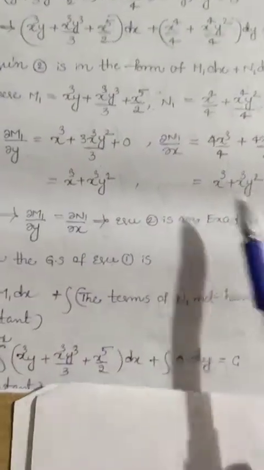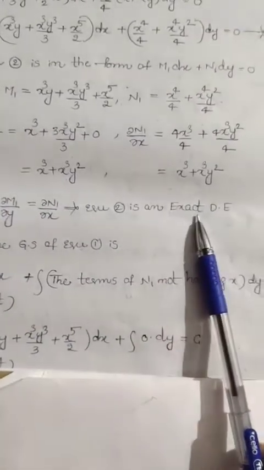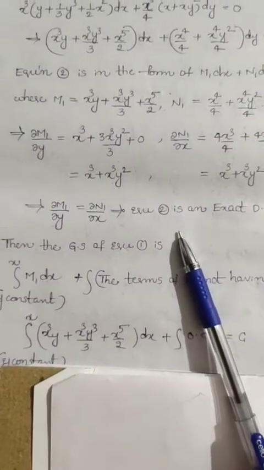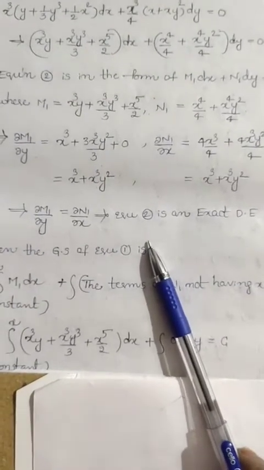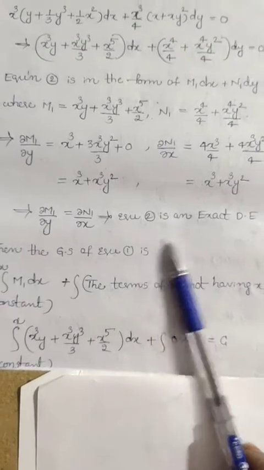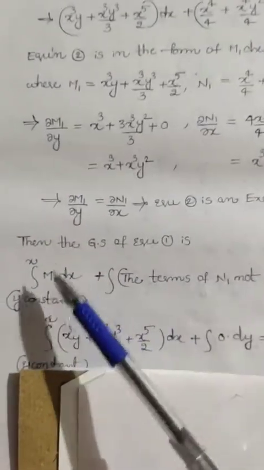So dou M1 by dou y equals dou N1 by dou x. That implies equation 2 is an exact differential equation.